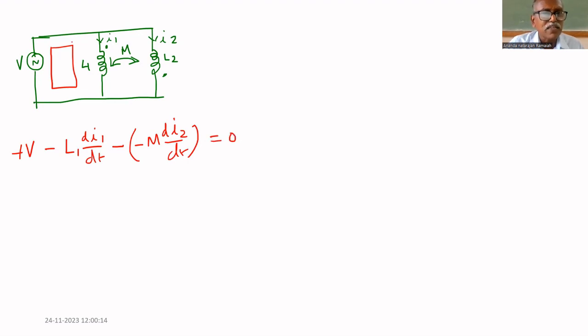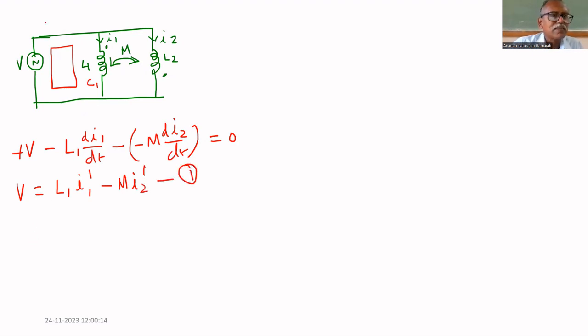This minus sign is because of potential drop. But the voltage induced in the same coil 1 because of I2 opposes the first voltage. That's why two minus signs, so it becomes plus. Therefore, V equal to L1 I1 dash minus M I2 dash. That is the first equation.